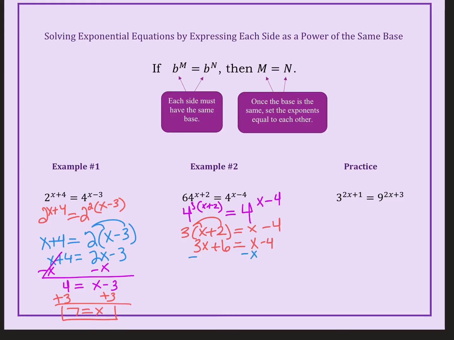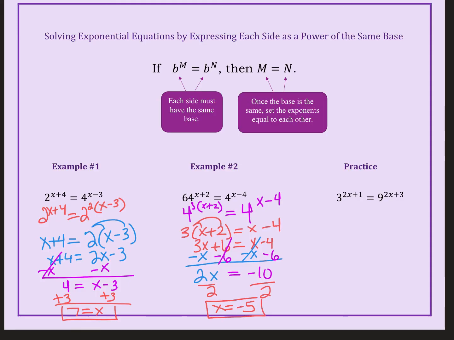Again, I like to pick the smaller x value. That will prevent me from dealing with any negatives. And I can also move the 6 to the other side now. Minus 6, minus 6. I have 2x equals negative 10. Divide by 2 on both sides. And I get x equals negative 5.